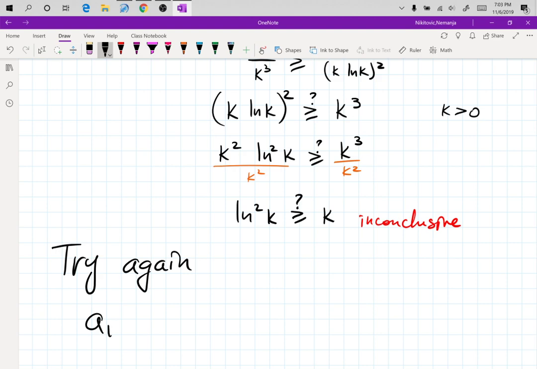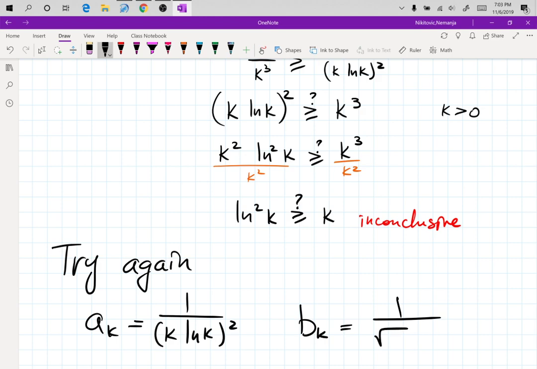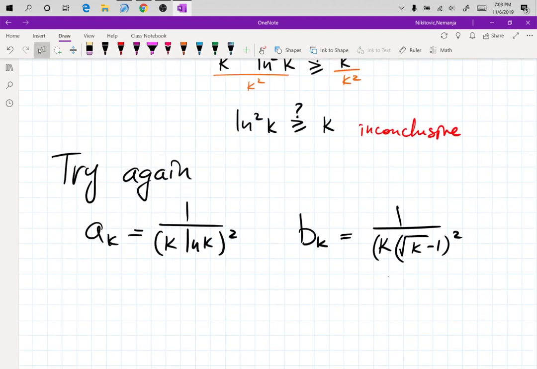So we have our a_k to be 1 over k ln k, everything squared, and then for b_k try 1 over k times the square root of k minus 1, squared.